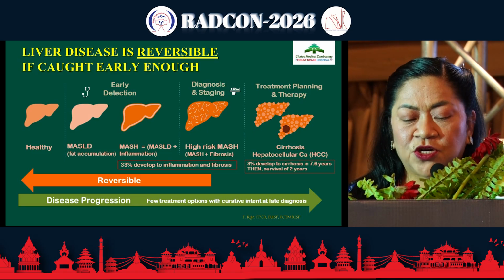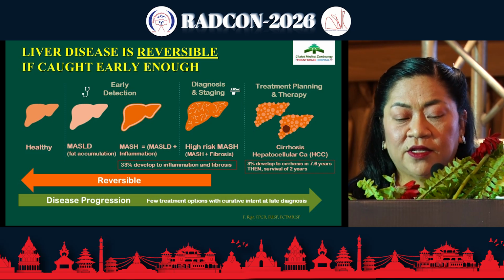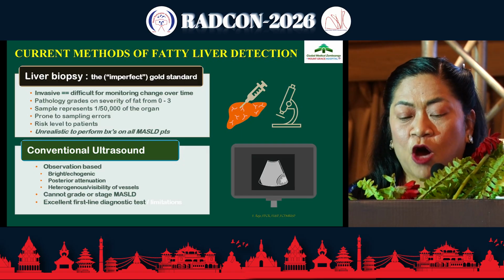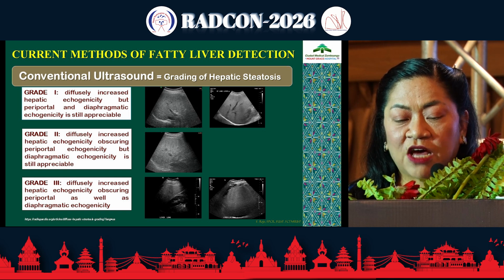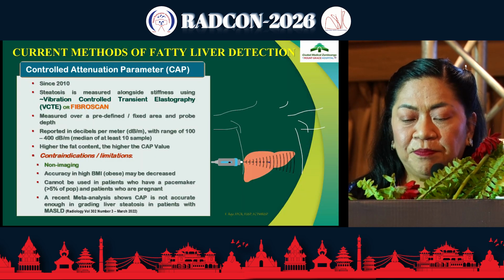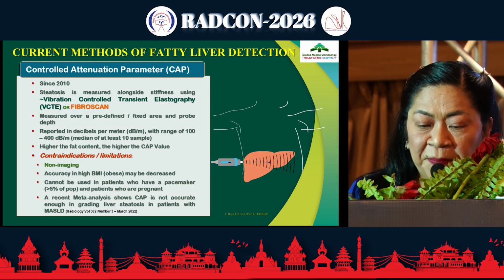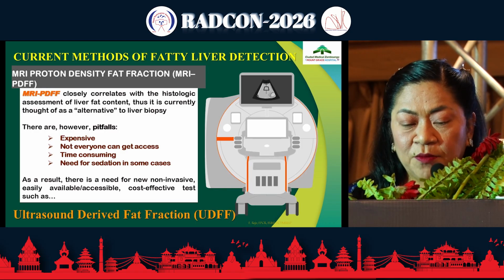So the methods, you know that, and we included MR, but to make it equivalent to MR, they now made the ultrasound version. Okay, so the ultrasound version, we have this now from the different companies. And the one that I was using, as I said, was the Siemens one.